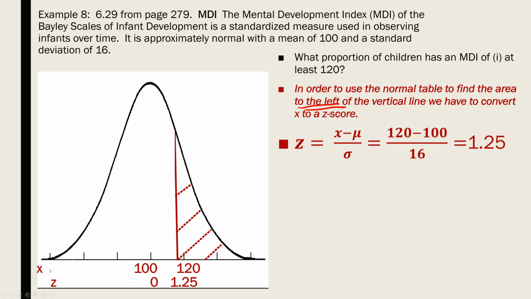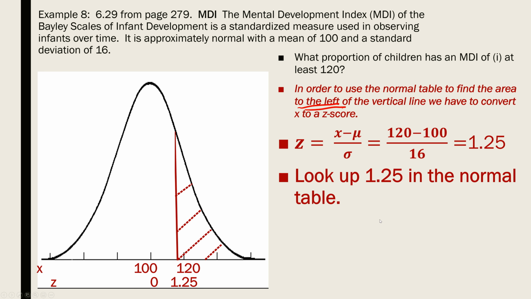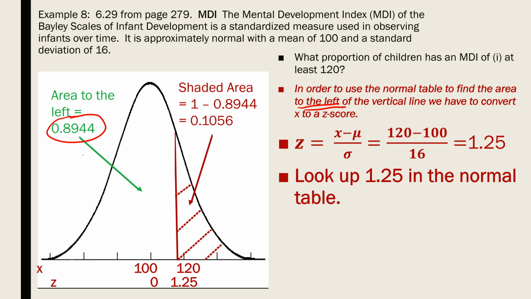Now we have converted x to a z-score. We look up the 1.25 in the normal table. Then we can find the area to the left equals this number. It means the shaded area should be calculated as 1 minus 0.8944, which equals this number here.